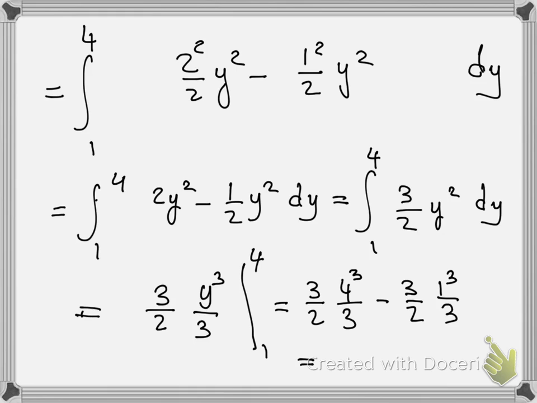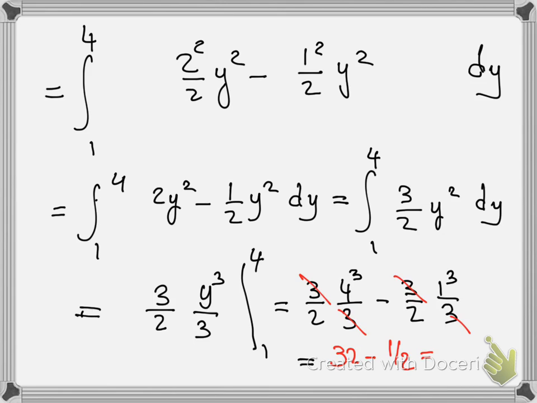So that will be equal to, so here the 3s cancel out. So this is 4 cubed, 16 times 4, 64, 64 over 2. That's 32. So this is 32 minus a half, right?